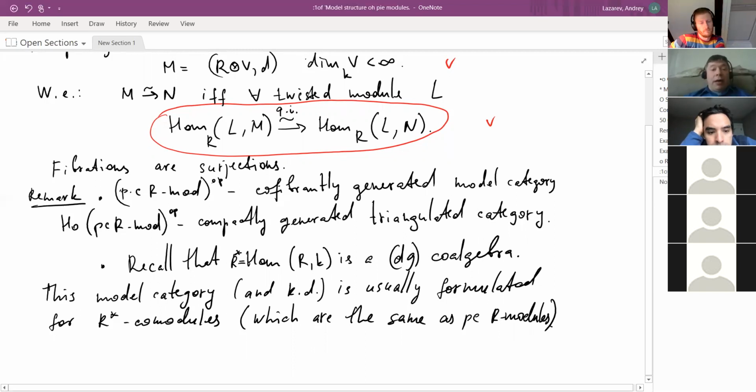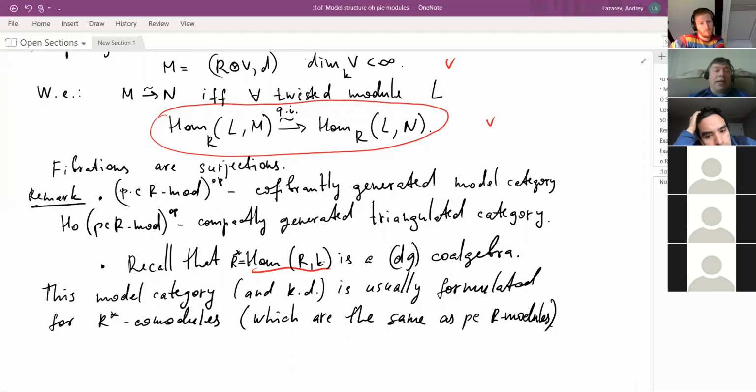Okay, so again, recalling that pseudo-compact algebras are the same as coalgebras, we could recast it in terms of comodules. So the category of comodules over R star, which is just the linear dual to R, has a model category such that its homotopy category is triangulated and compactly generated.